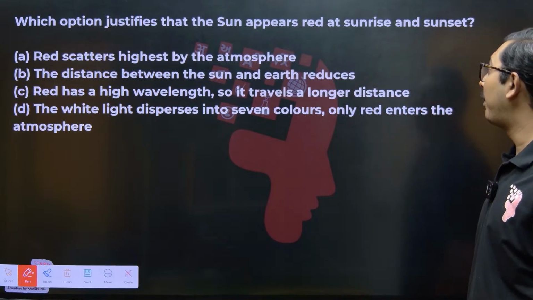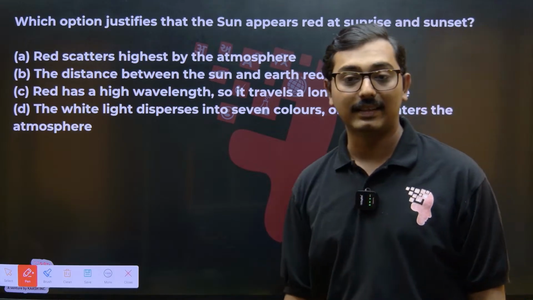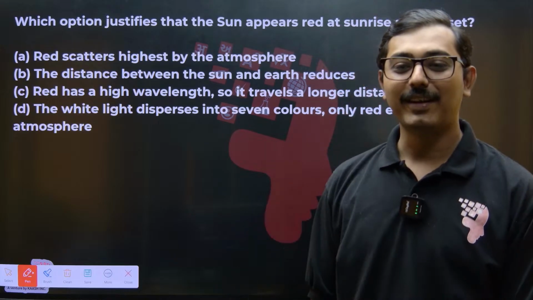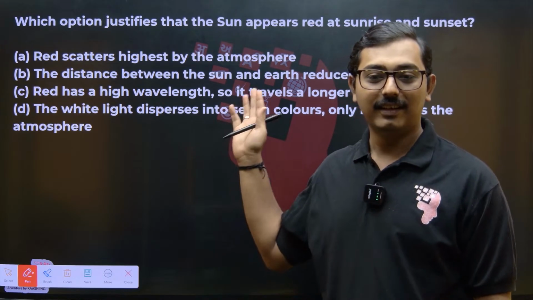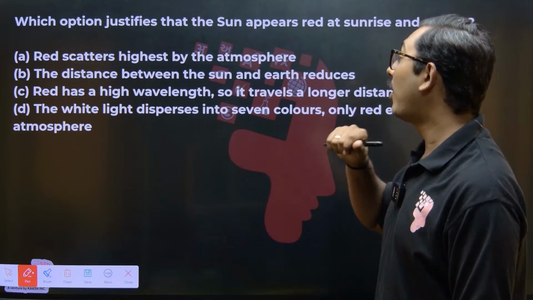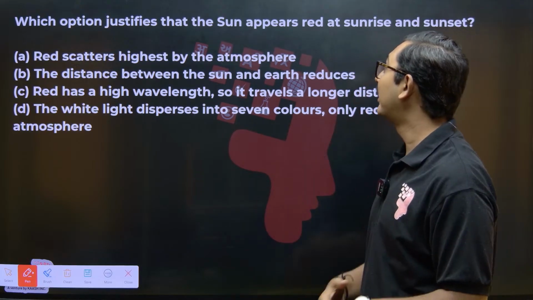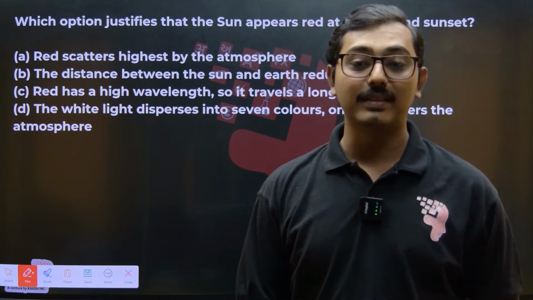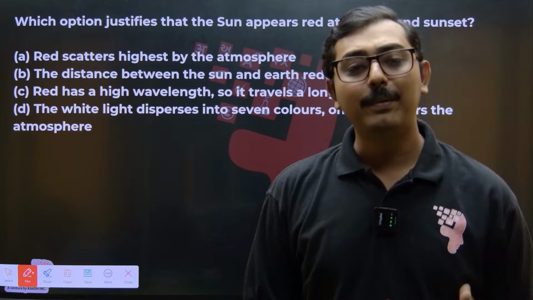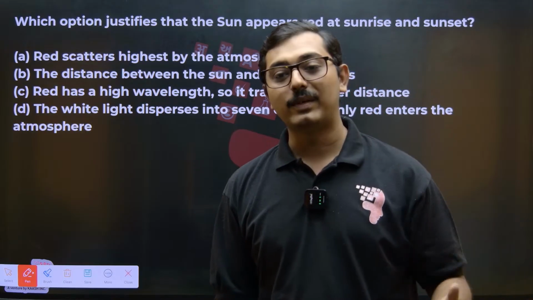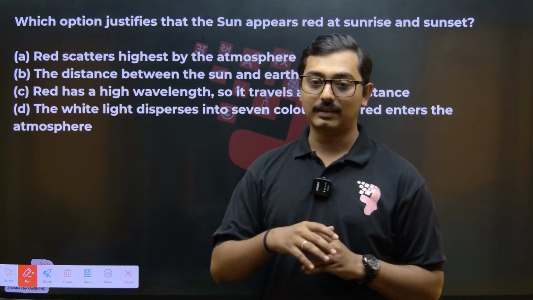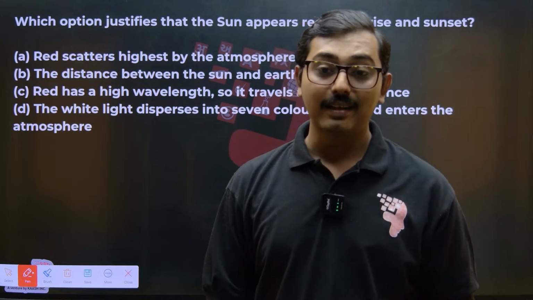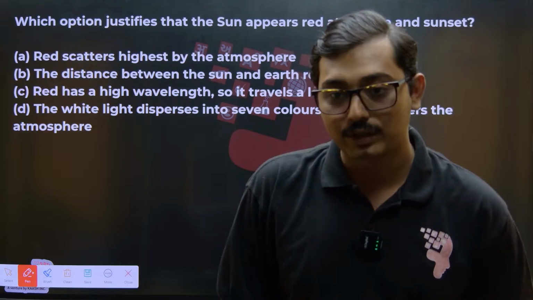Which option justifies that the sun appears red at sunrise and sunset? Why does it appear red? It is simply because the sun rays coming from the sun first get refracted and enter our atmosphere.